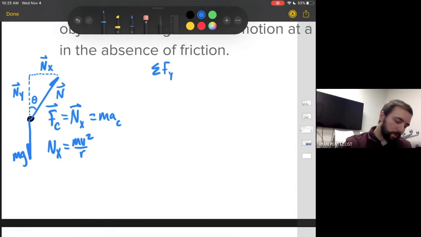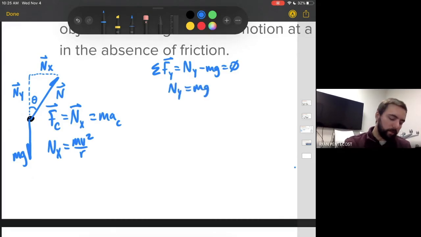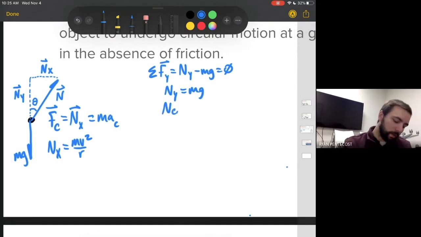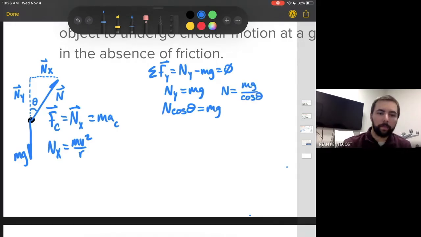So we have the summation of forces in the y: N_y minus mg equals 0. So N_y equals mg. And N_y, if we look at our free body diagram, is adjacent to our angle. So we can say N cosine theta equals mg. Therefore, N equals mg divided by cosine theta.